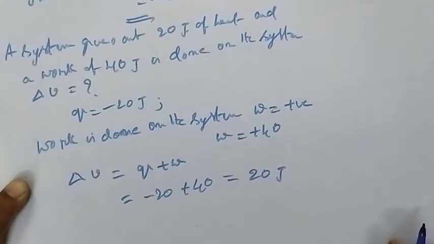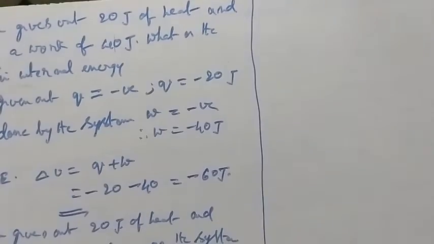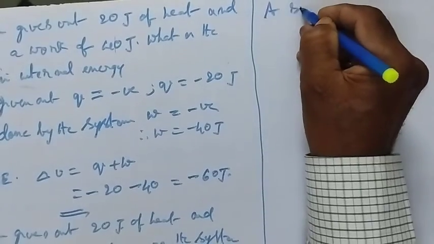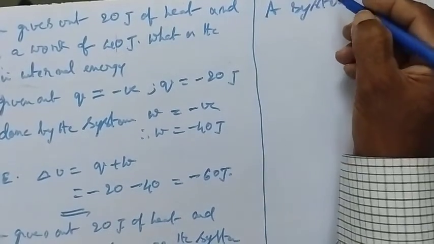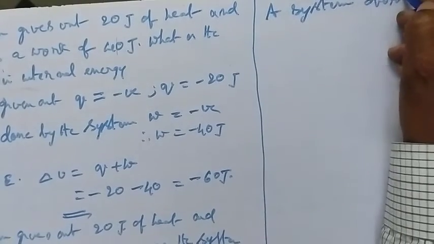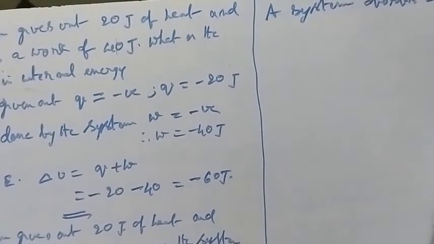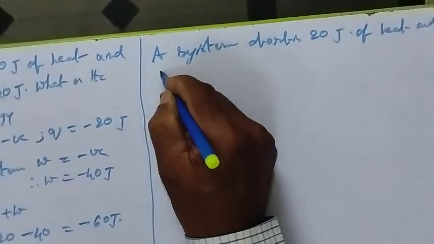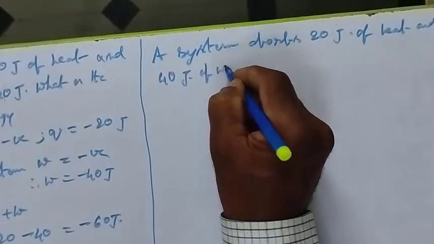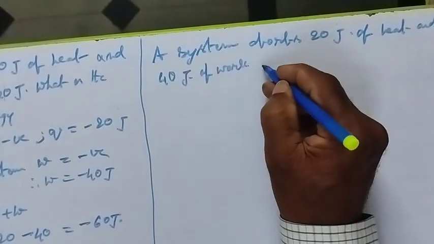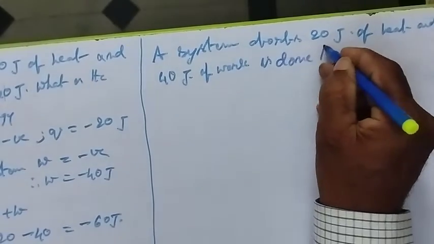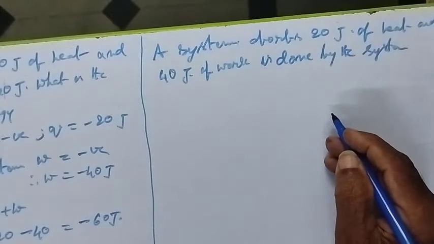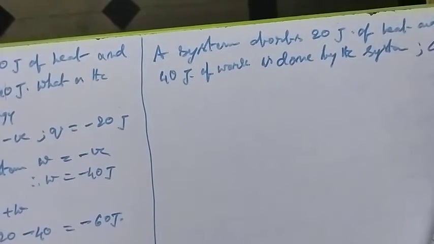Now let us take it in a different way. Same type of problem, but conditions are different. A system absorbs 20 joule of heat and 40 joule of work is done by the system, then what is delta U?